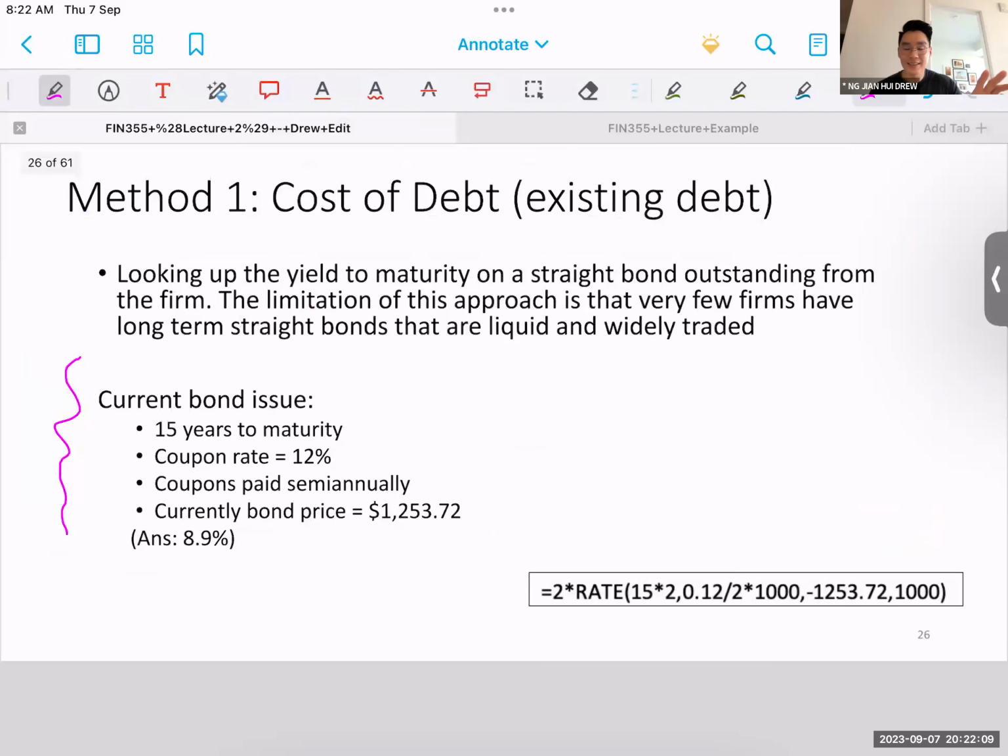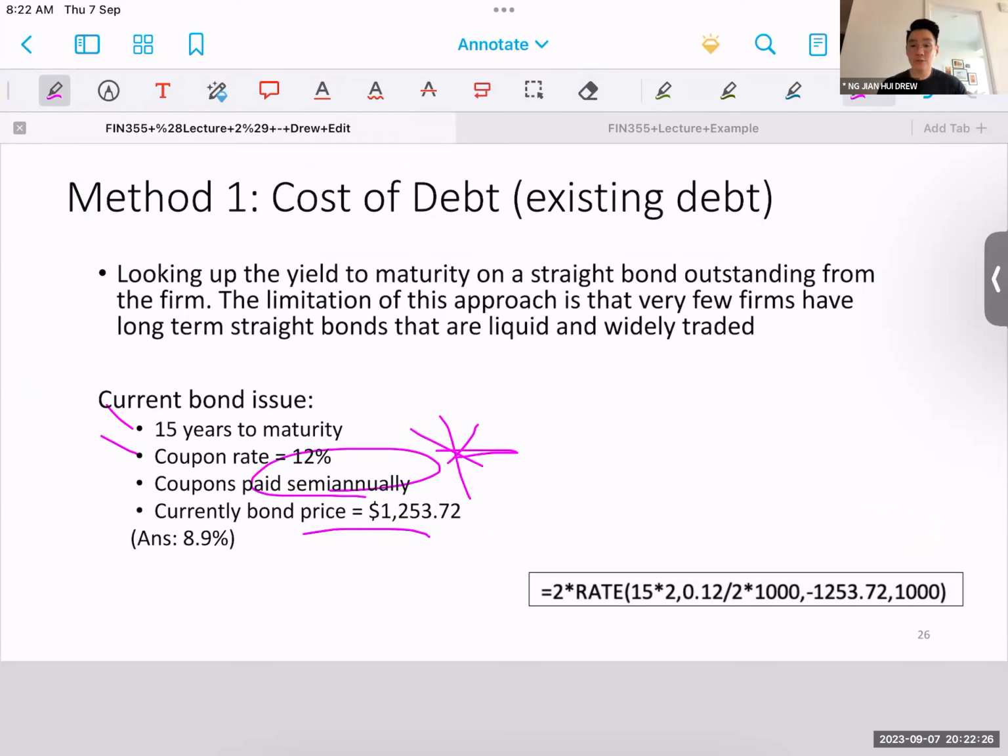In any case, that is more of a real life example, but if you are ever given something like this, 15 years, coupon rate of this, coupon paid semi-annual, this is very important, and the bond price of this, right? Once you know it's semi-annual, the important thing to take note of is what?